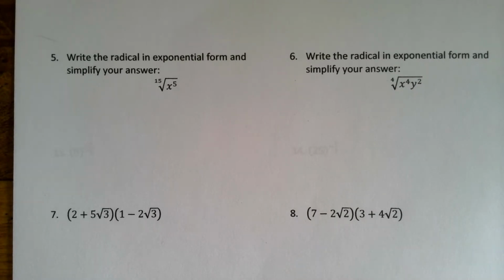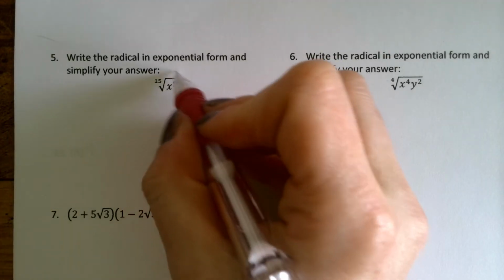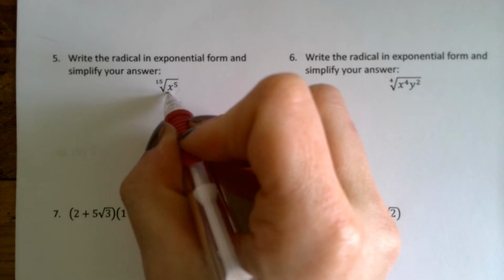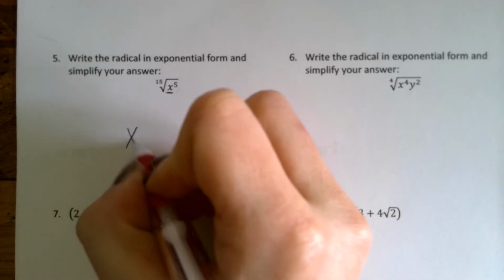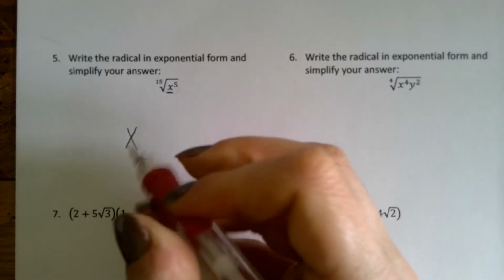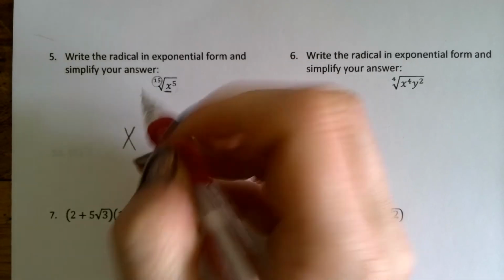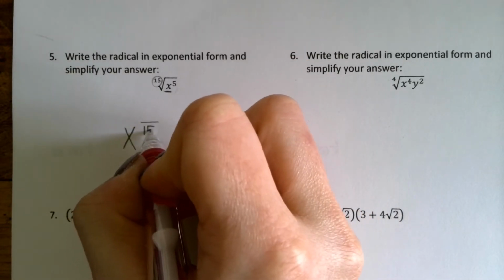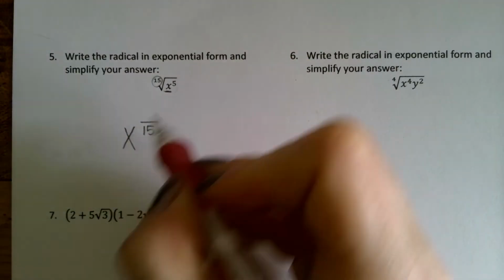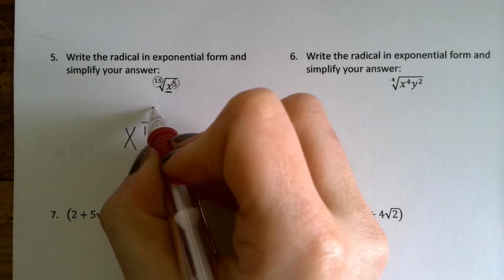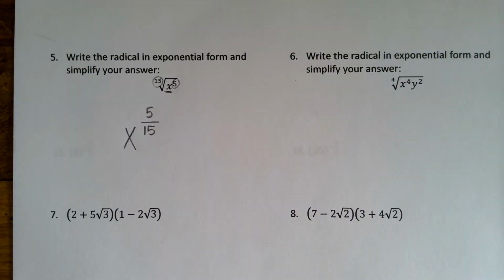Number 5 says write the radical in exponential form and simplify your answer. So when I'm going from radical into exponential, your base is going to stay the same. So your x will stay the same. The number that's on the outside, so your index, becomes the denominator of your fraction, and the exponent inside becomes the numerator.